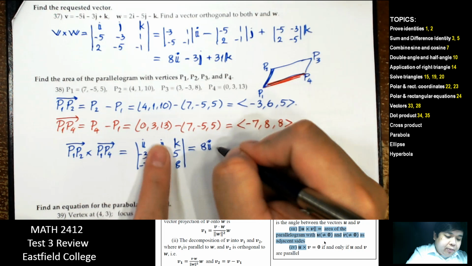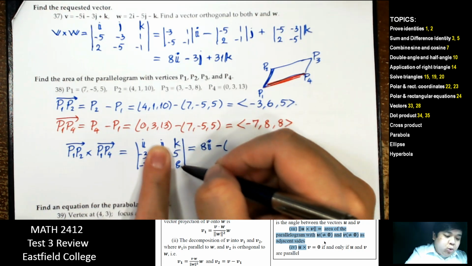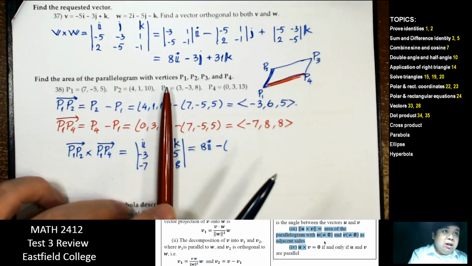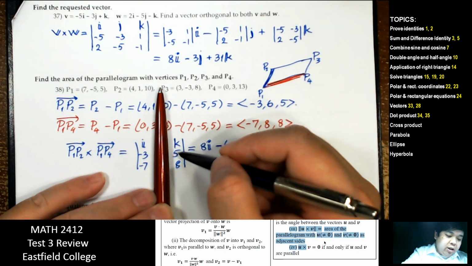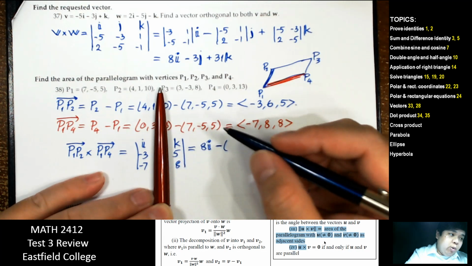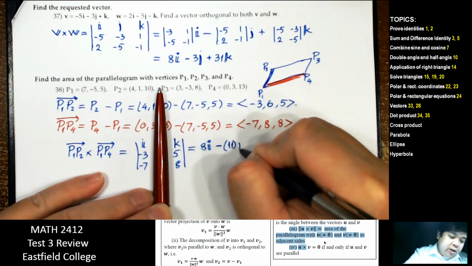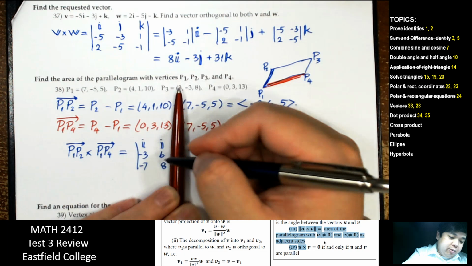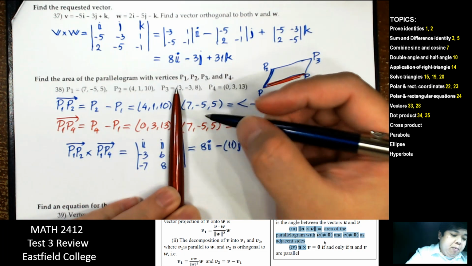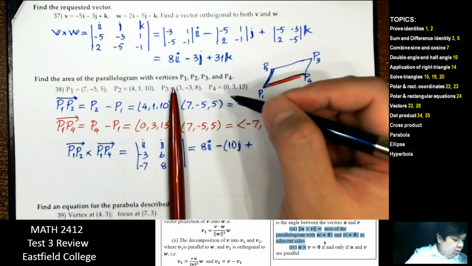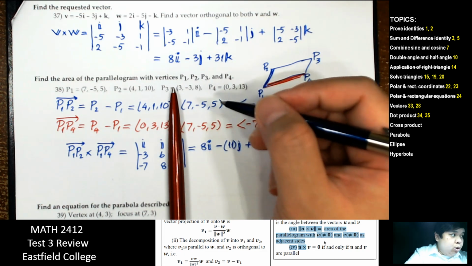The middle one, negative: -24 plus 35, 35 minus 24, so that is 11 j. And then plus -24 plus 42, which will be 66.